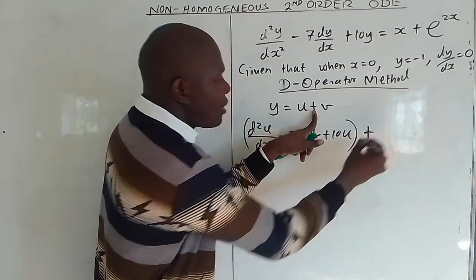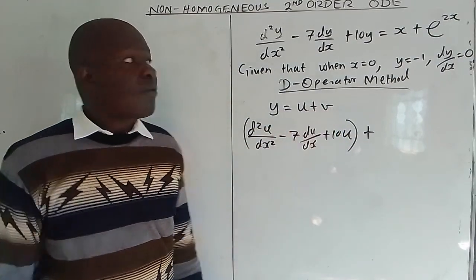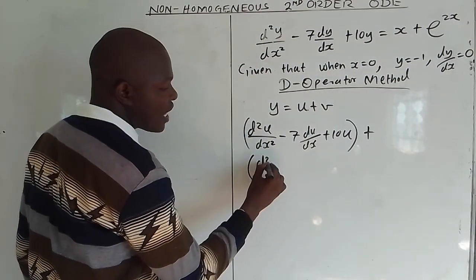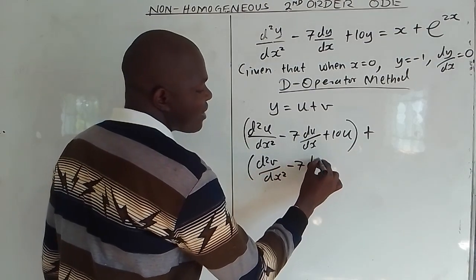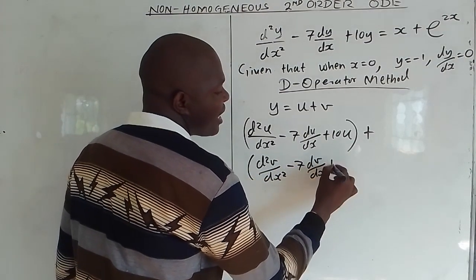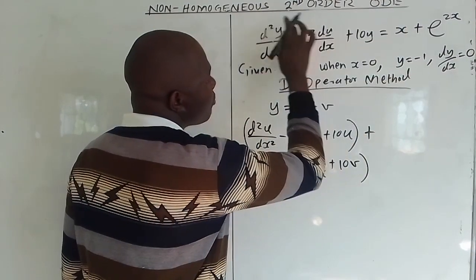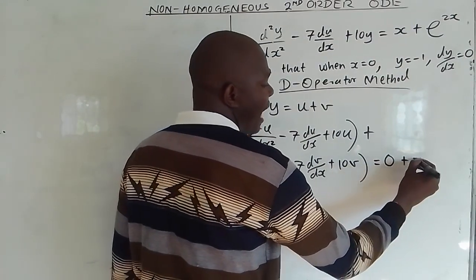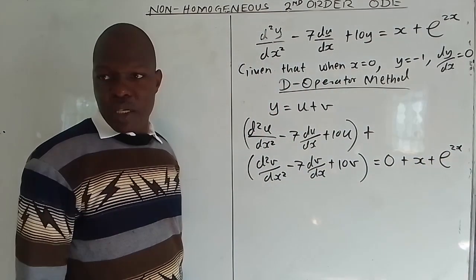Now where there is y, we put v, meaning we are going to get d squared v over dx squared minus 7 dv over dx plus 10v, to be equal to, so we start with 0 plus x plus exponential 2x, isn't it?